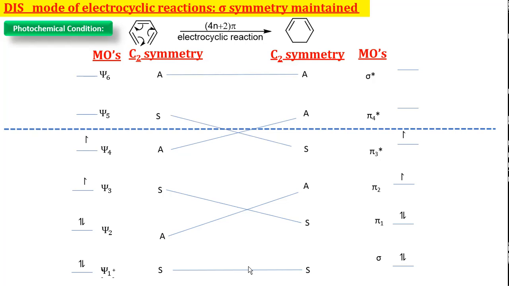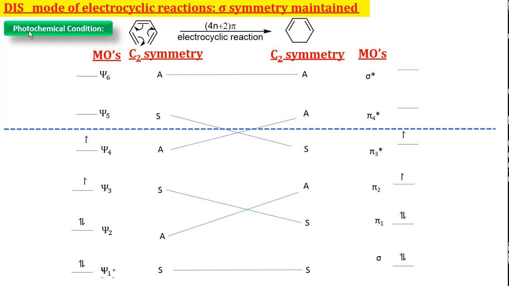These are going to cross, violating the non-crossing rule. Low energy molecular orbitals correlate with high energy molecular orbitals of product, and high energy molecular orbitals of reactant correlate with low energy molecular orbitals of product. That means they cross their limit. Therefore, sigma symmetry is not maintained under photochemical condition.